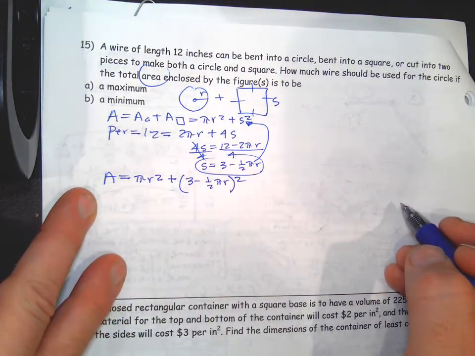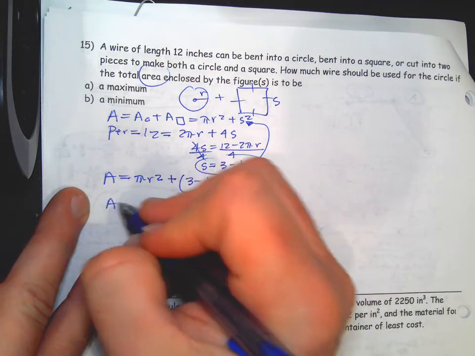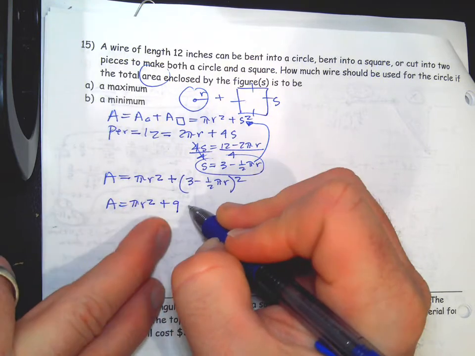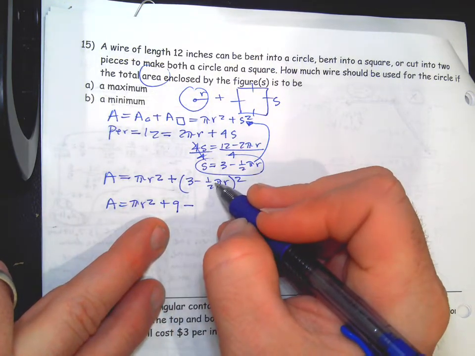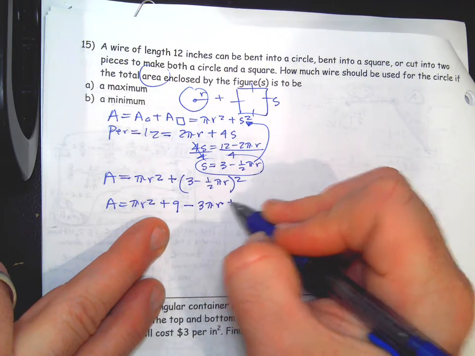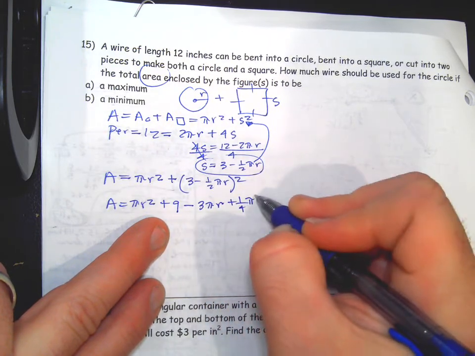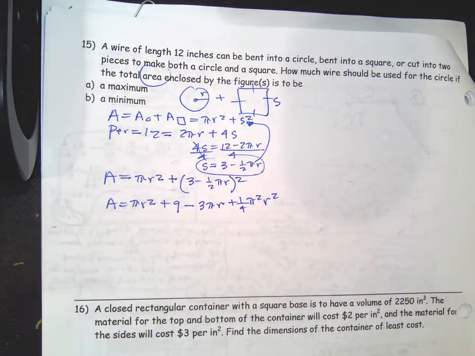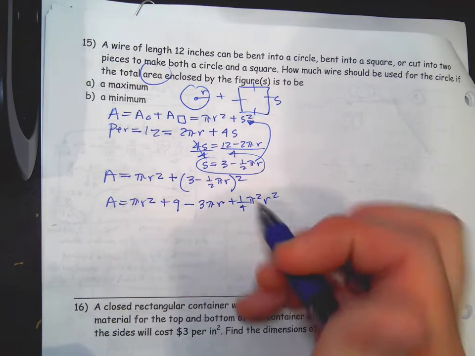Probably should go ahead and multiply that out. So we get pi r squared plus 9 minus 3 pi r plus 1/4 pi squared r squared. We haven't done any calculus yet. This is geometry and algebra.